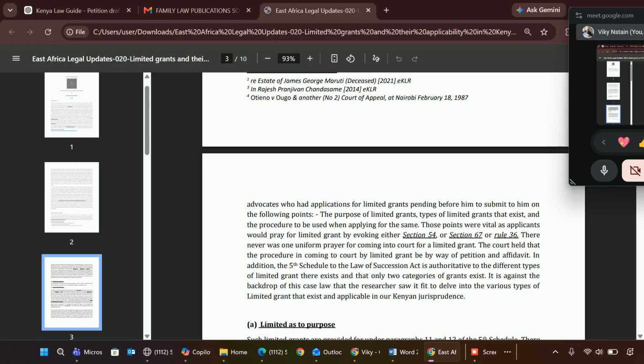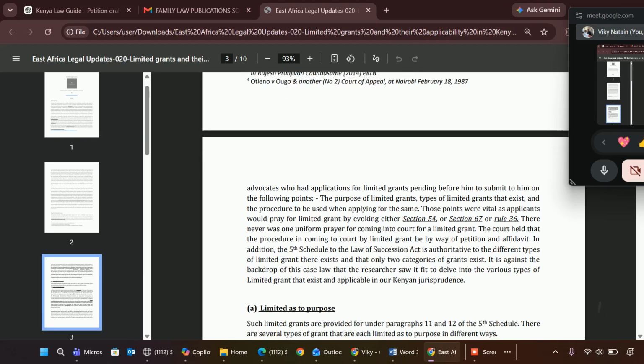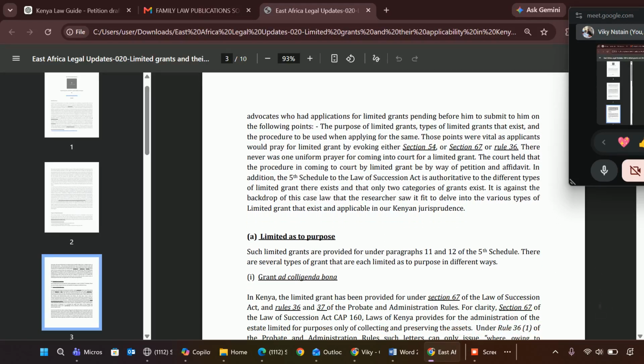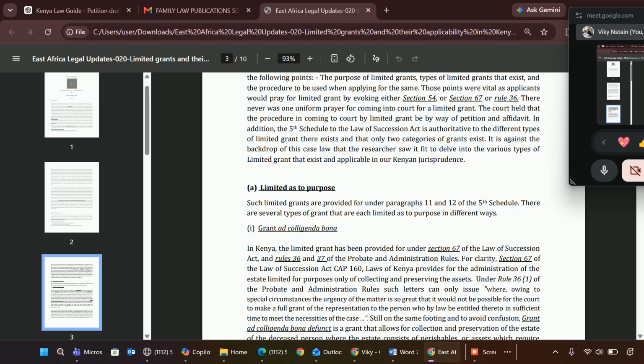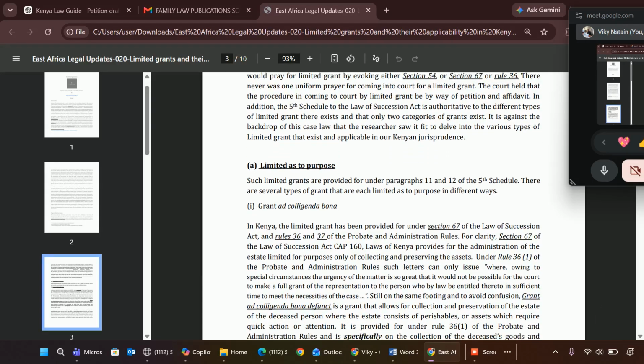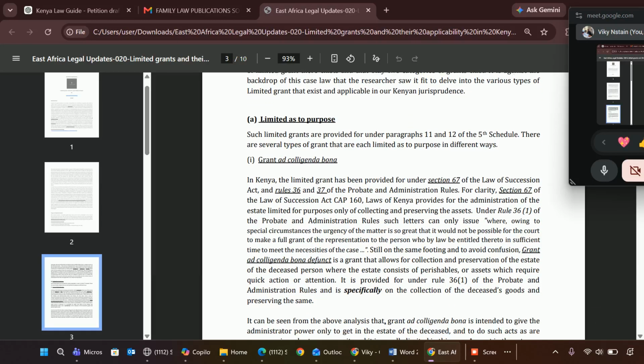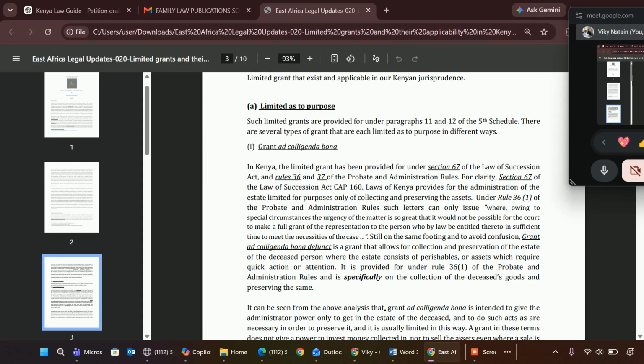In addition, the 5th Schedule to the Law of Succession Act is authoritative on the different types of limited grant that exist, and that only 2 categories of grants will exist. Grants limited as to purpose. So this is provided under paragraphs 11 and 12 of the 5th Schedule.